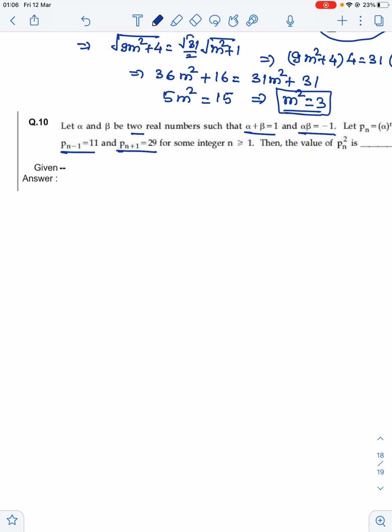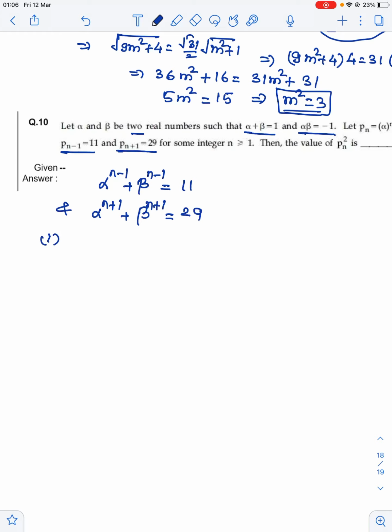So now using Pn minus 1 and Pn plus 1. So Pn minus 1 means alpha to the power n minus 1 plus beta to the power n minus 1 is 11, and alpha to the power n plus 1 plus beta to the power n plus 1 is 29.